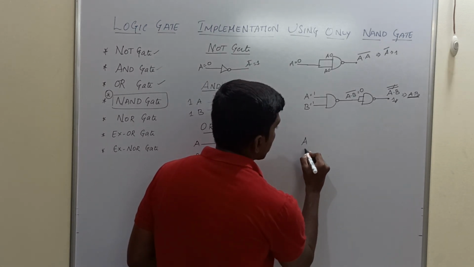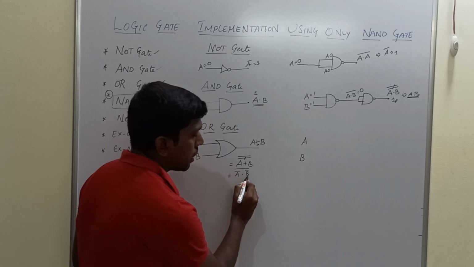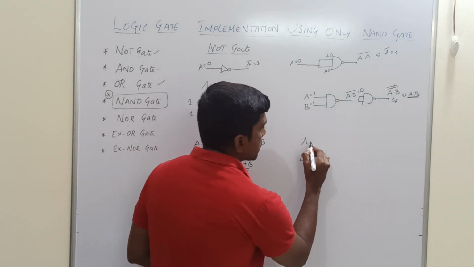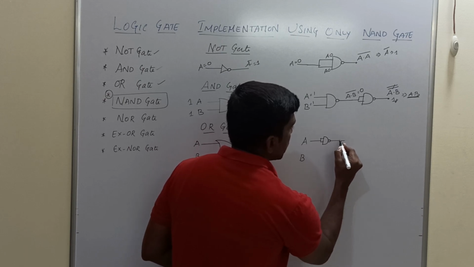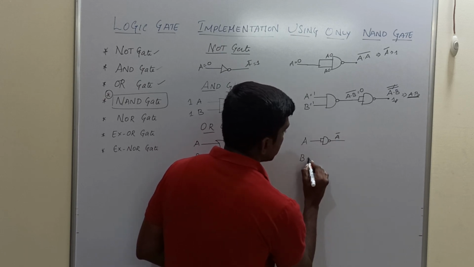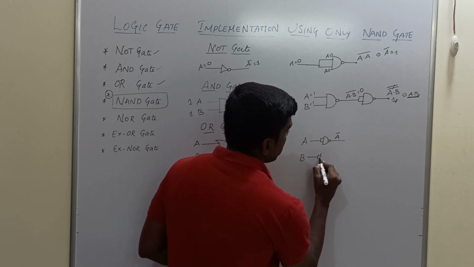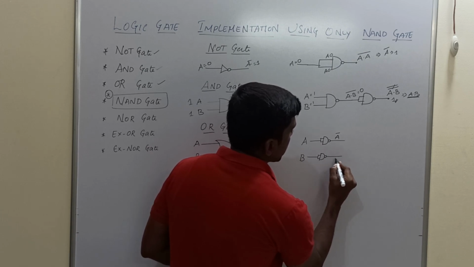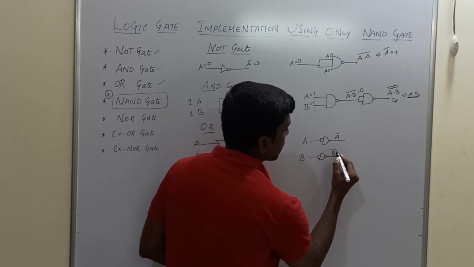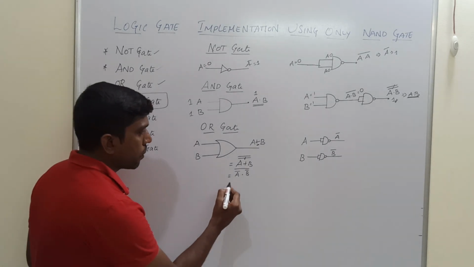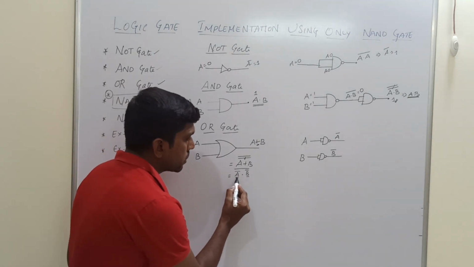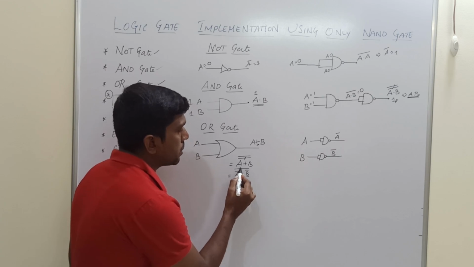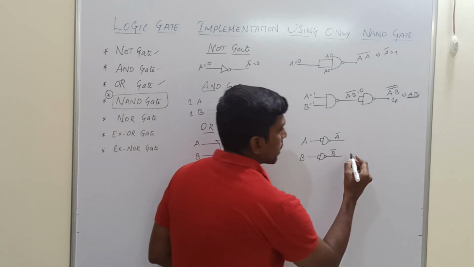The actual input of the circuit is A and B, but I need A bar and B bar. So this A value is connected to a NAND inverter. The output of the inverter is A bar. B is connected to the next inverter. Output of the inverter is B bar. So far we get A bar and B bar. Now I am going to take the product of these two variables, then complement.